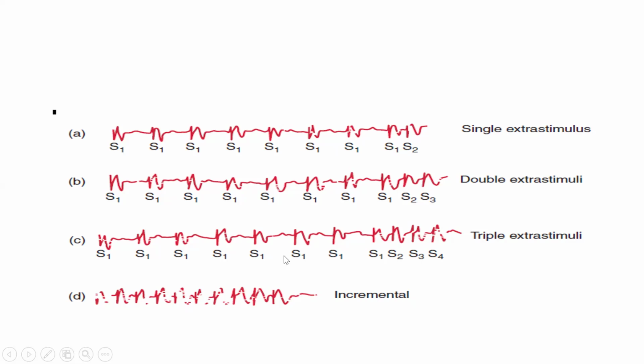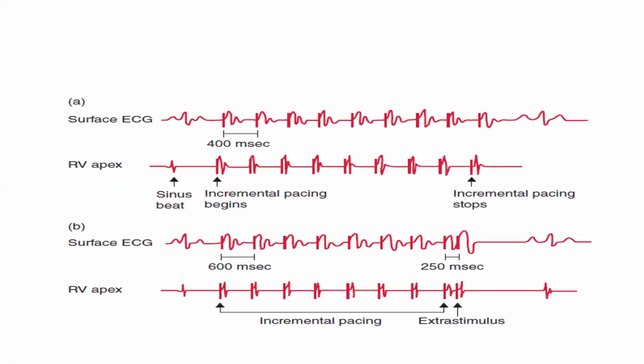If you add one shorter one to it, you call it S2. If you add another shorter one to the S2, you call it S3, and S4, and like that. So that's what we call single extra, double extra, triple extra. Incremental simply tells you that you are pacing at a particular base rate, not adding any single extra or double extra to it.